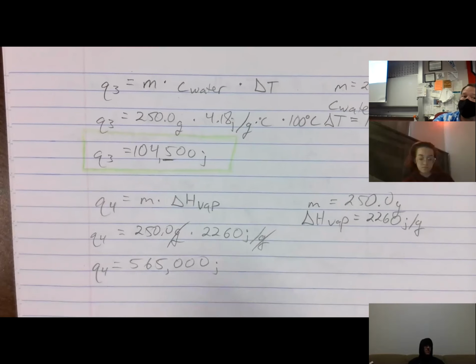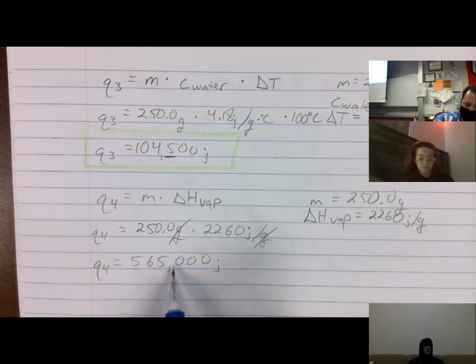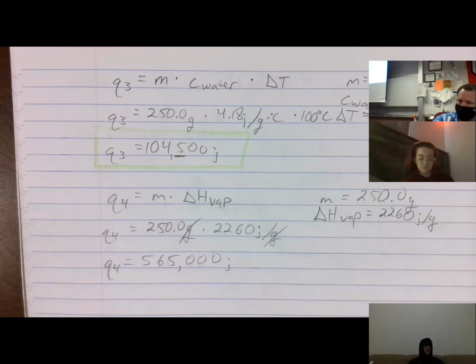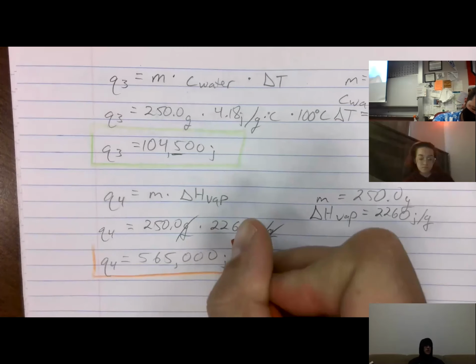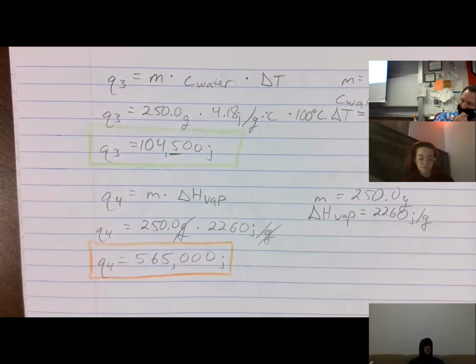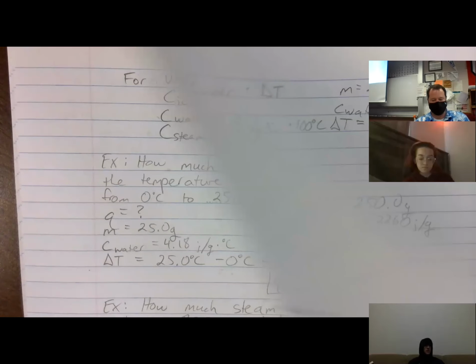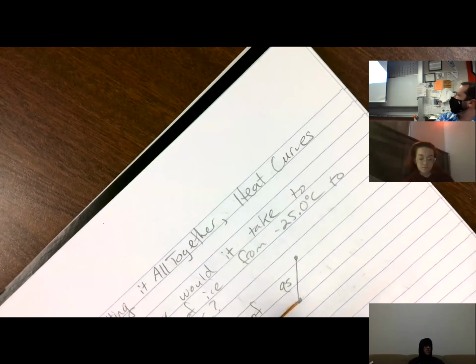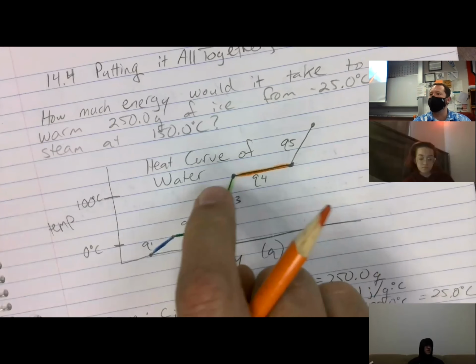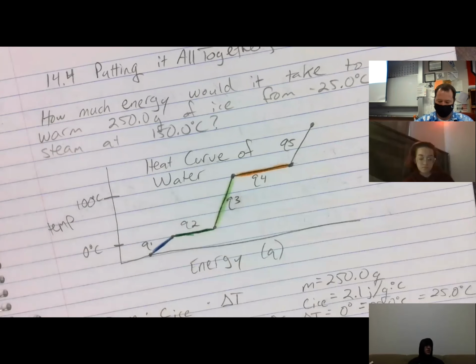The 5, the 6, and the 5 are all 3 of my significants. These zeros don't count because there's no decimal after them. So there's Q4, the amount of energy to vaporize that water.